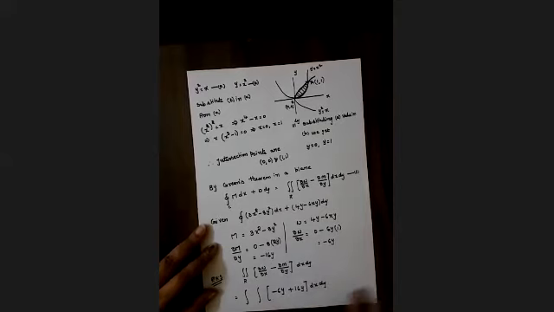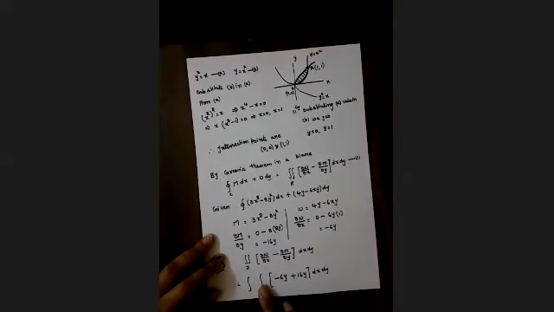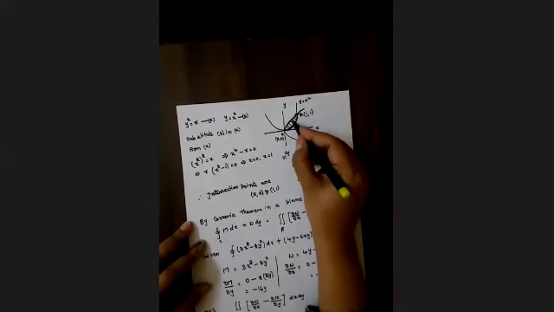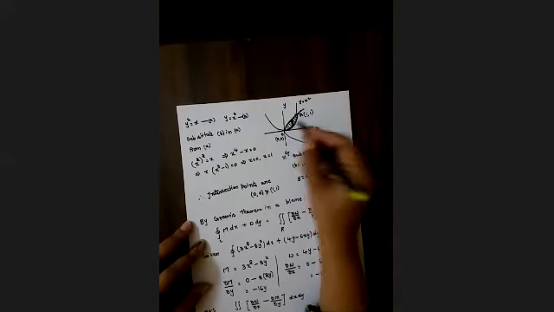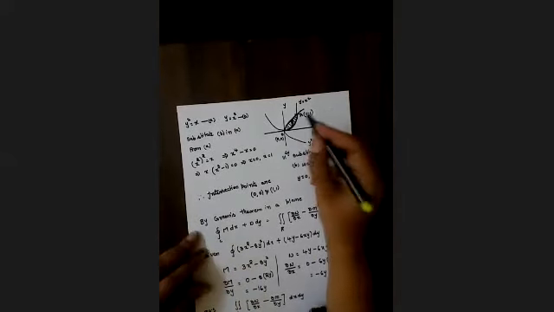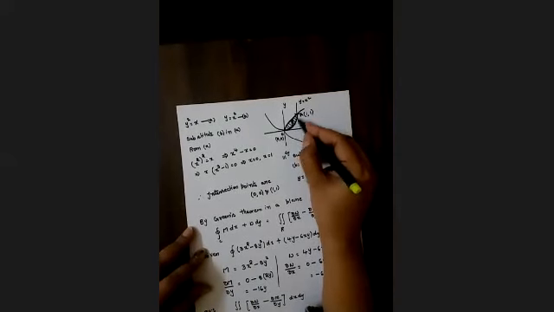Now, what are the limits for x and for y? In the curve they have already explained this region, so the y limits are given. Which do we take as lower and which as upper? Whatever the down part touches the curve is the lower limit, which is y equal to x square.